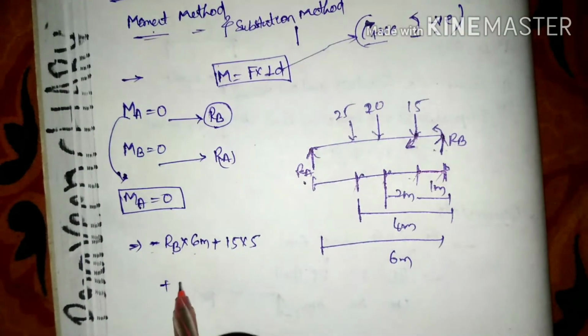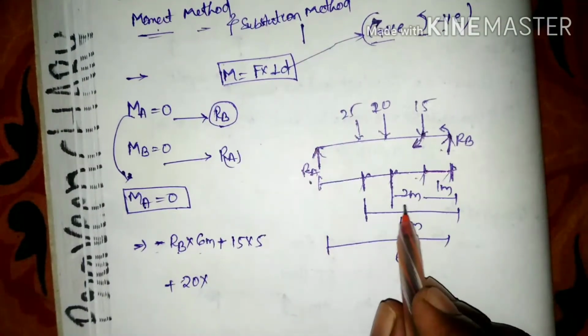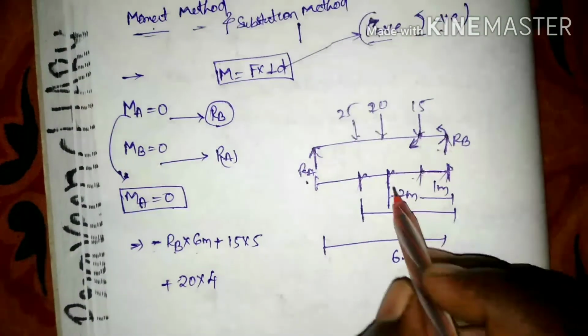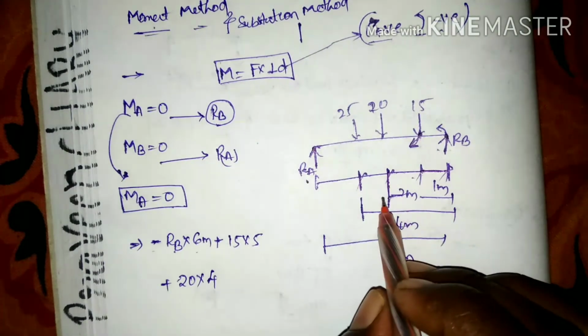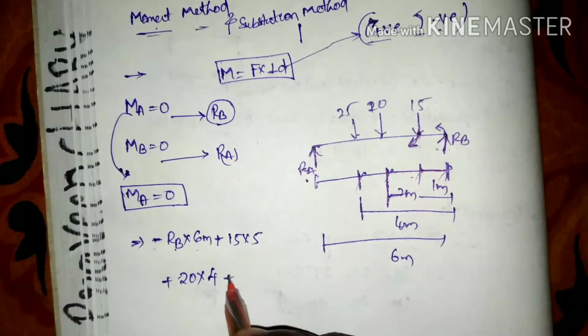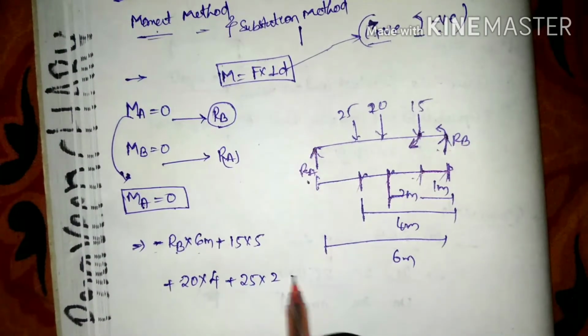And next positive, 20 into 4, because when I eliminate the 2 meters from the 6 meters, the remaining distance will be 4. Positive 25 into 2 is equal to 0.